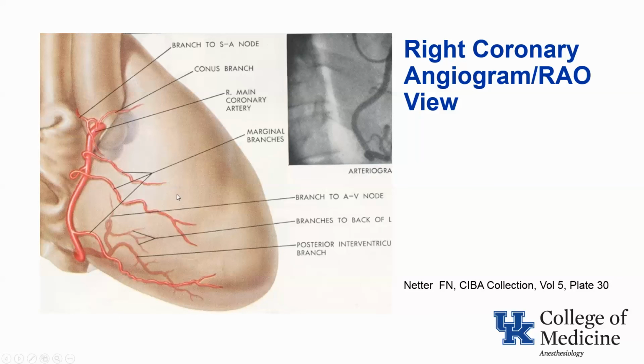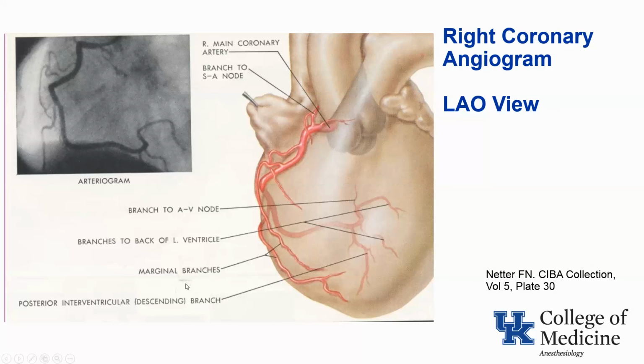So now this is a picture of a right coronary angiogram from the RAO view, and you see the right coronary artery coming down vertically in the AV groove, and then the PDA running down here. This is better displayed in this picture here.